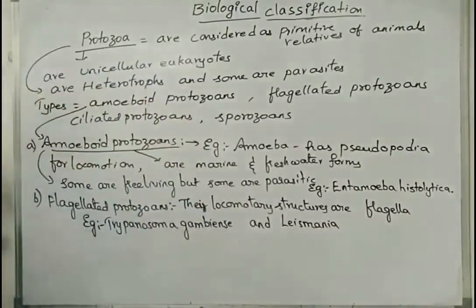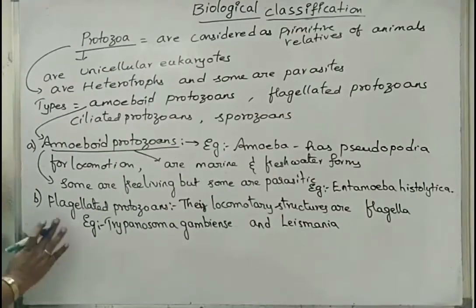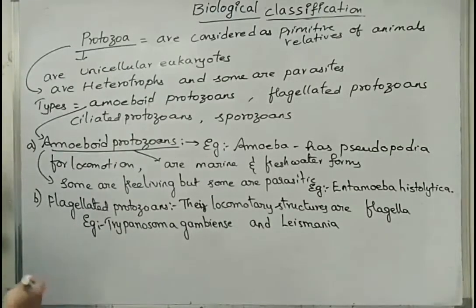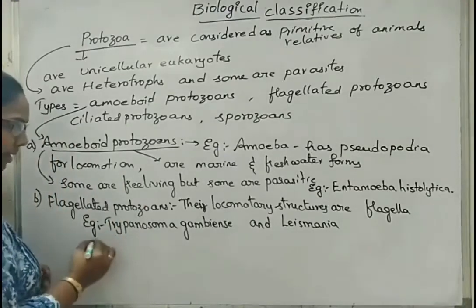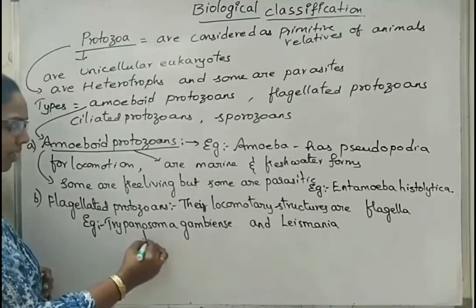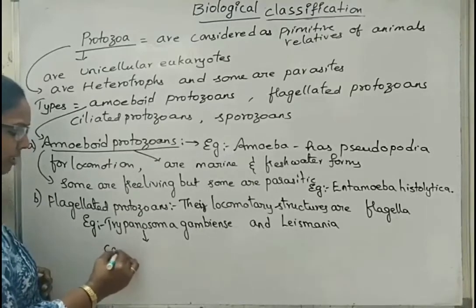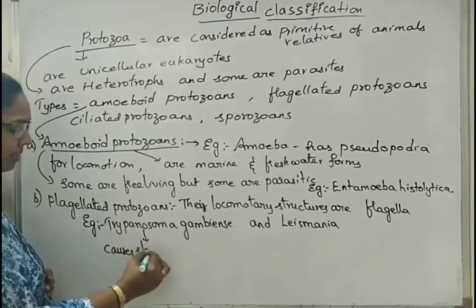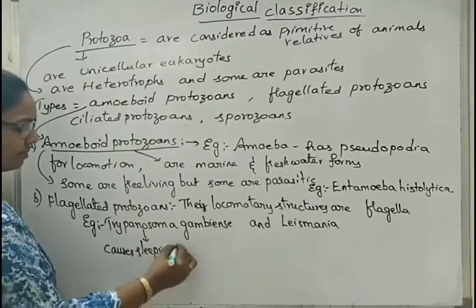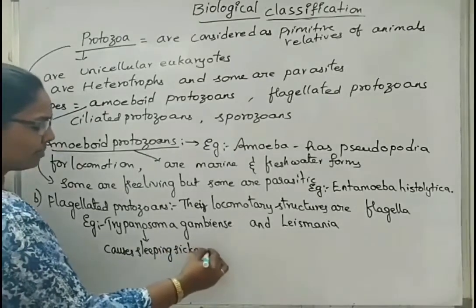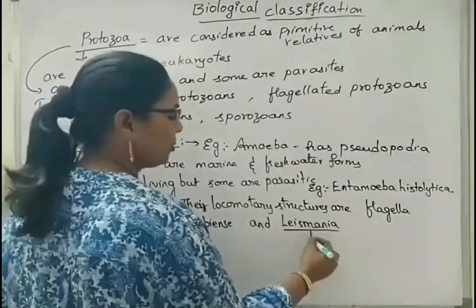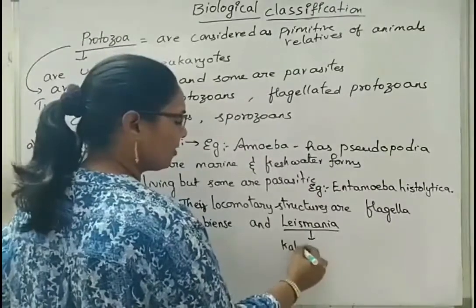In your NCERT they have given just the types of protozoans and mentioned flagellated, but here we will see two different types of flagellated protozoans. Trypanosoma gambiense causes sleeping sickness. Leishmania donovani causes Kala Azar fever.